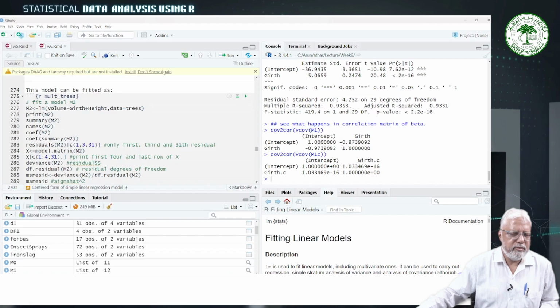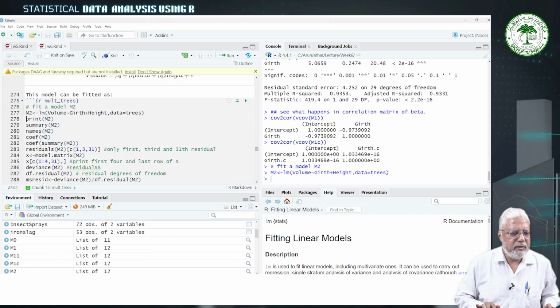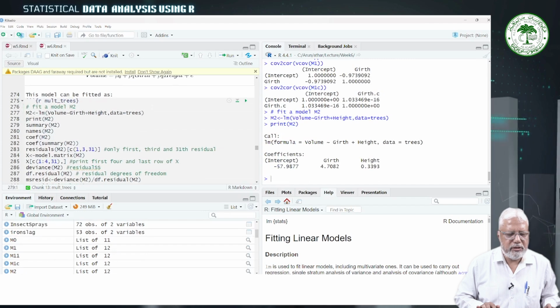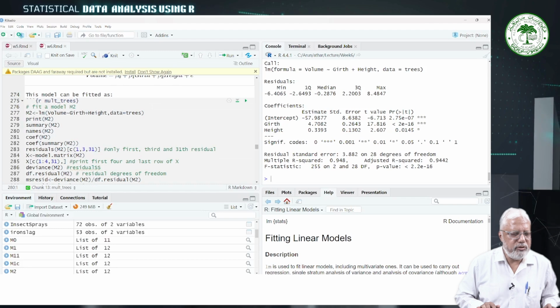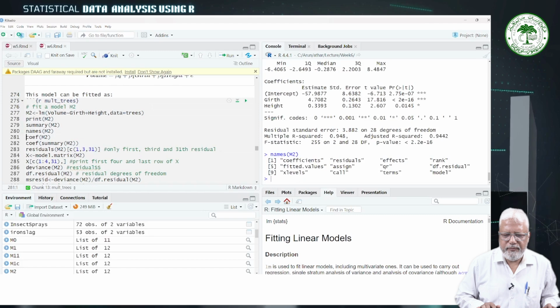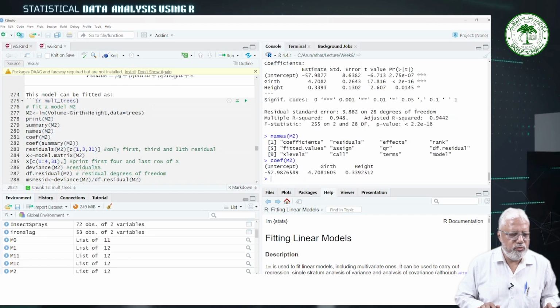Again, this is the model fitting, then print a brief summary of results, then summary, detailed summary of the results, then names, then coef M2, it is beta naught, beta 1 and beta 2, then coefficient of summary M2.